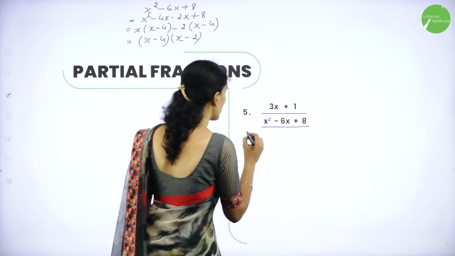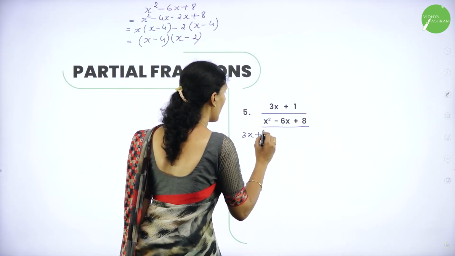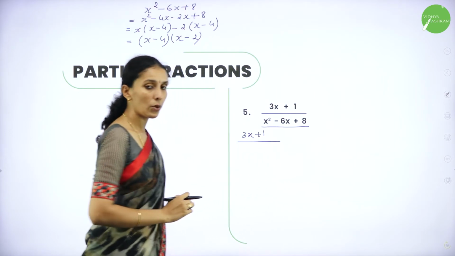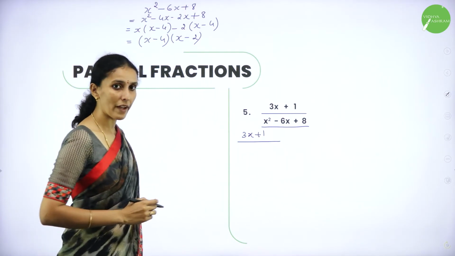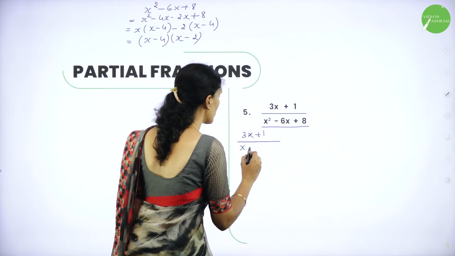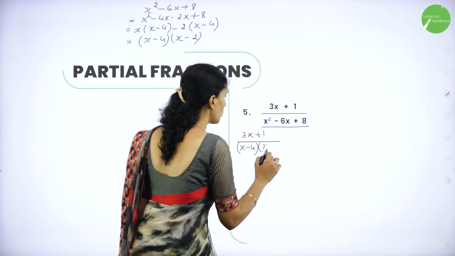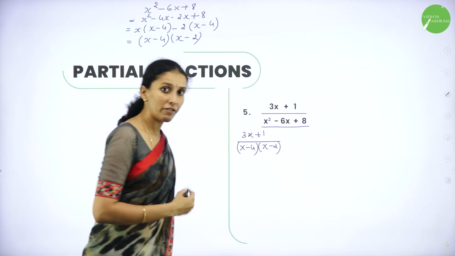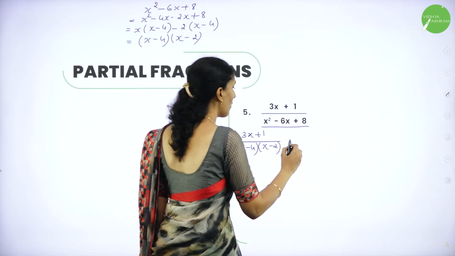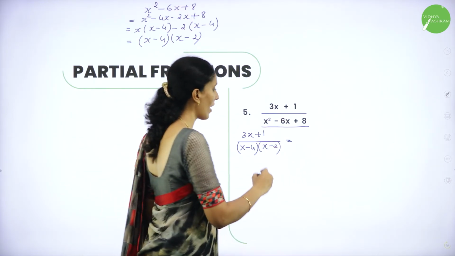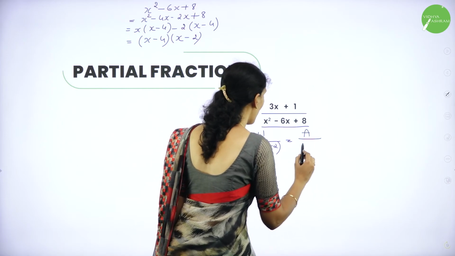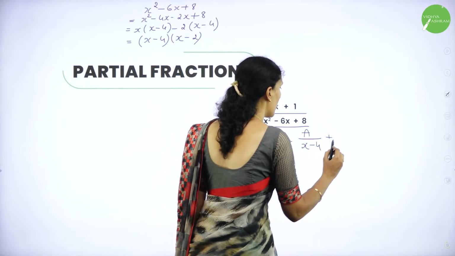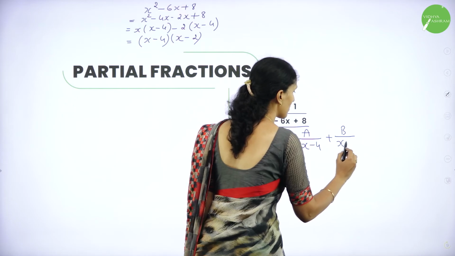So this can be written as 3x plus 1 divided by, the quadratic equation is converted into two linear factors, that is x minus 4 and x minus 2. Now you have two different linear factors. When you have two different linear factors, you can write them as a divided by x minus 4 plus b divided by x minus 2.